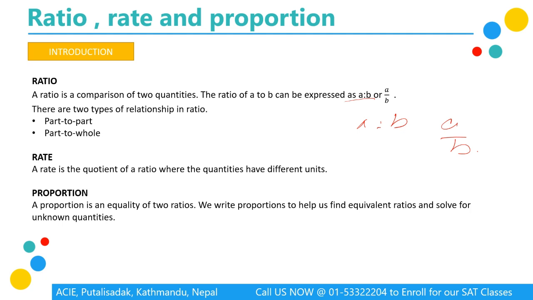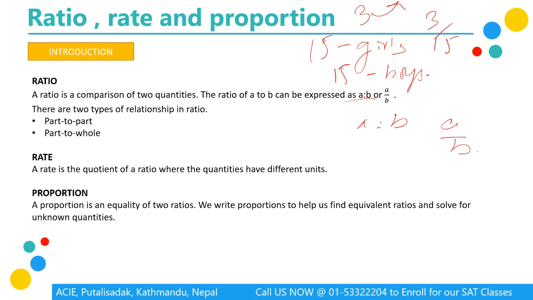So how it works is if there are 15 girls in the class and 15 boys in the class, and three of the girls decided to take part in a dance competition. So if the ratio is about how many girls took part from the class, if we are taking into account the number of girls in the class, then it will be 3 by 15.